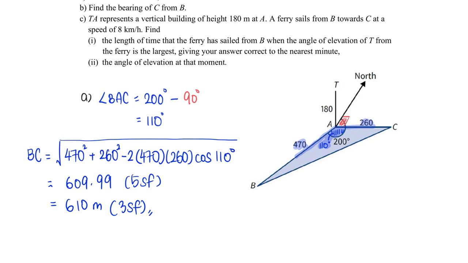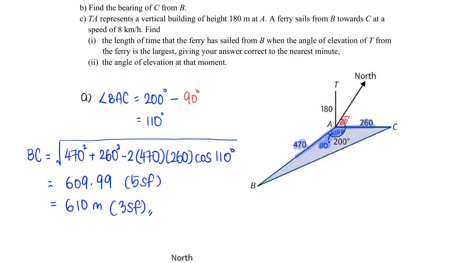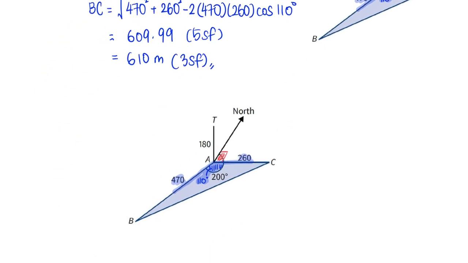Next, find the bearing of C from B. So this means that I would have to draw the north arrow. For this particular question, let me create another diagram so that it's easier for us to have a look.